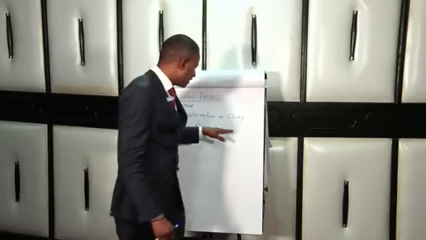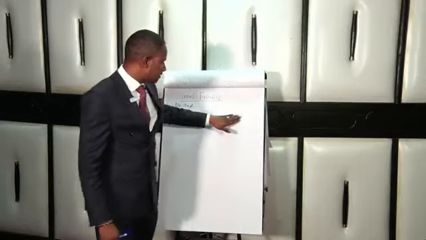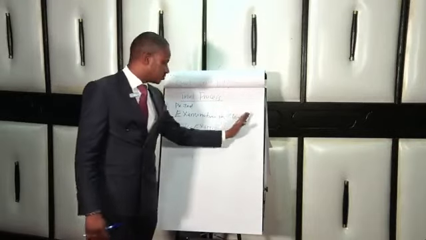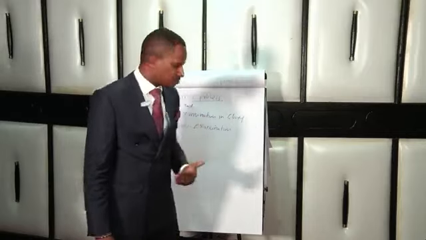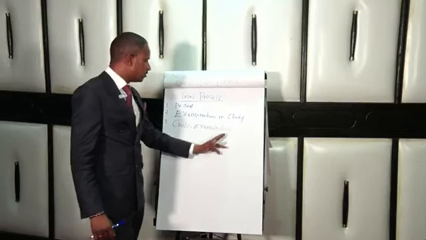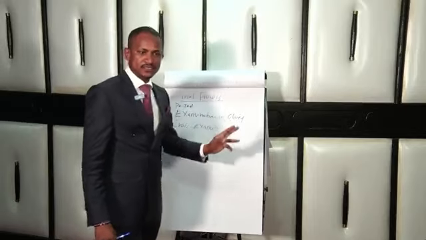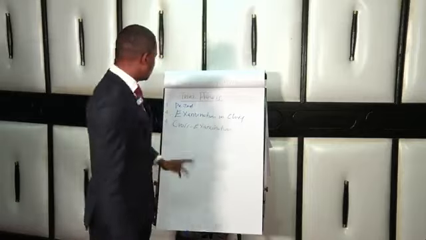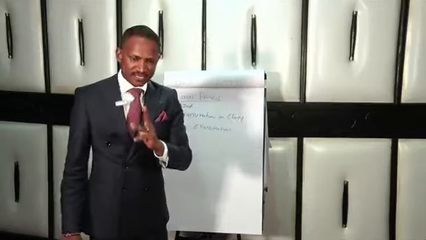At cross-examination, after the prosecution has finished with every witness, that witness will be cross-examined by the advocate of the accused person. The main purpose of cross-examination is to punch holes in the case of the prosecution, to check on the veracity, mark that word, veracity of the evidence given during examination in chief by the prosecution witnesses.